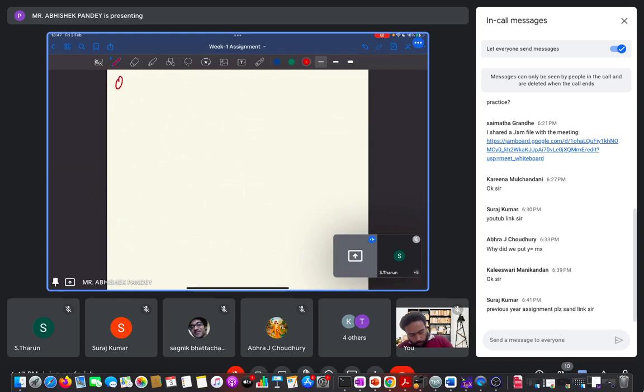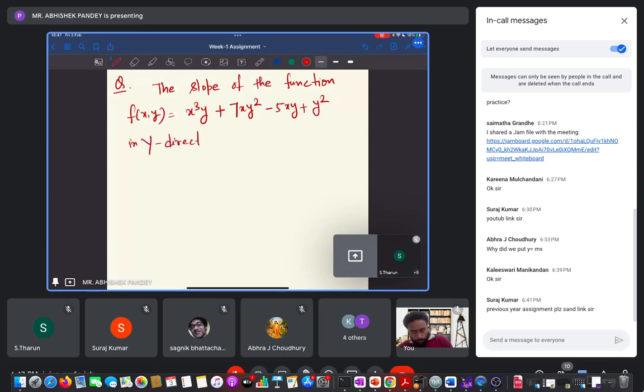Question is, the slope of the function f of x comma y, x cube y plus 7xy square minus 5xy plus y square, in y direction at the point 0 comma 1 is, so we need to find this one.